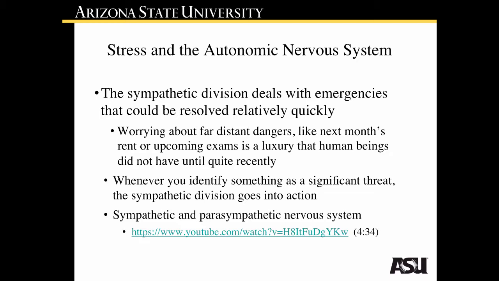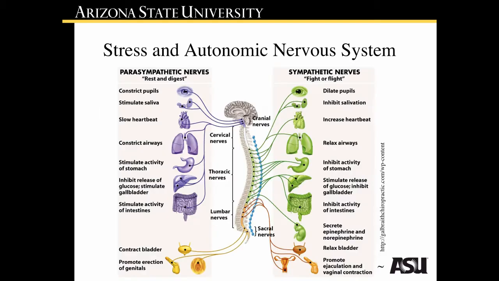So anytime we identify something as one of these significant threats, our sympathetic division goes into action, which causes all kinds of problems at times, especially when there's not a real honest-to-goodness threat that's acute out in the environment, but it's more of a chronic kind of worry that we have. We still tend to activate this sympathetic nervous system and force ourselves to expend lots of energy.